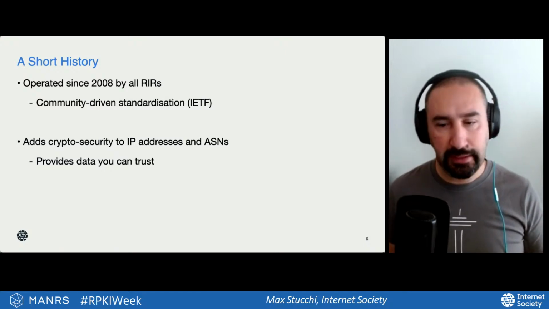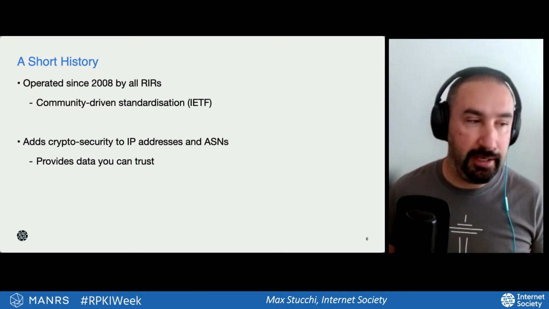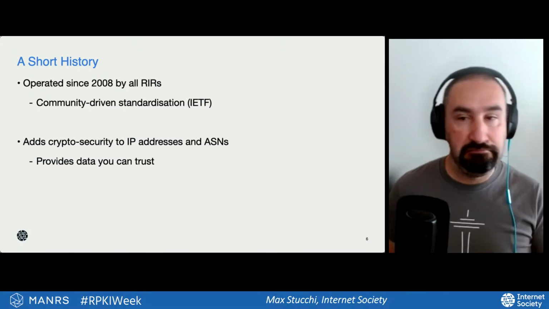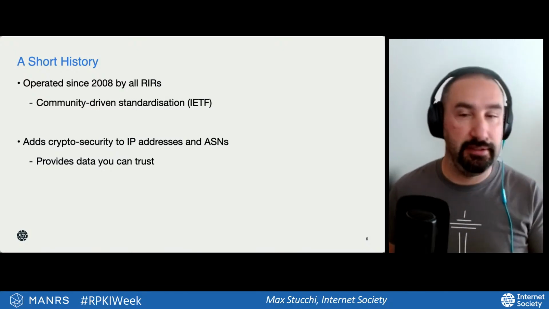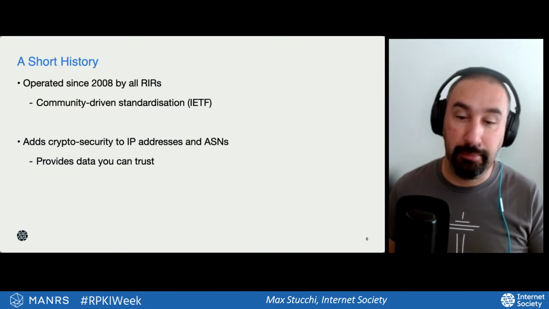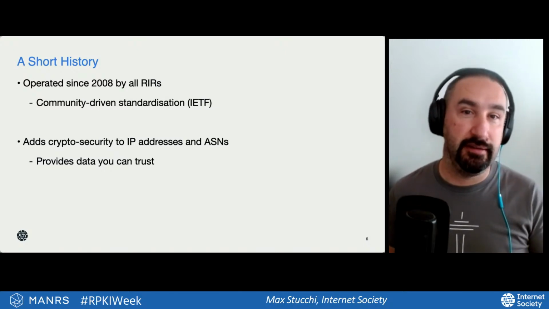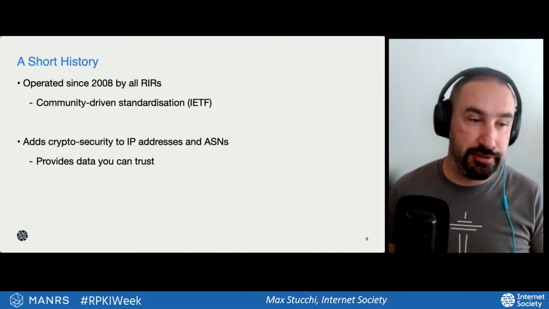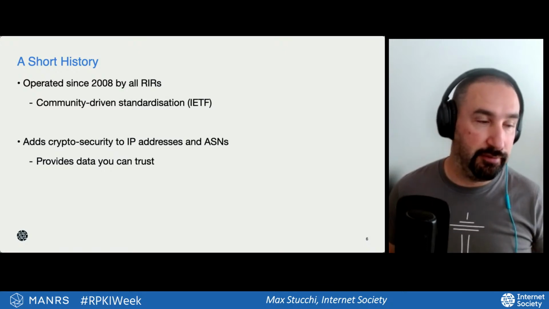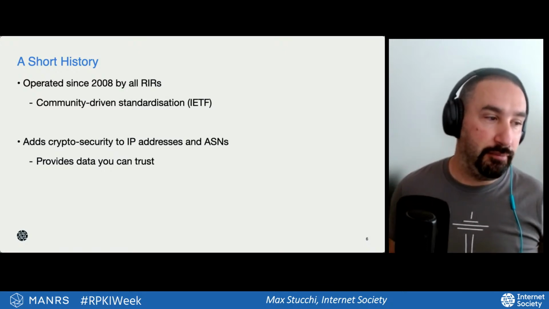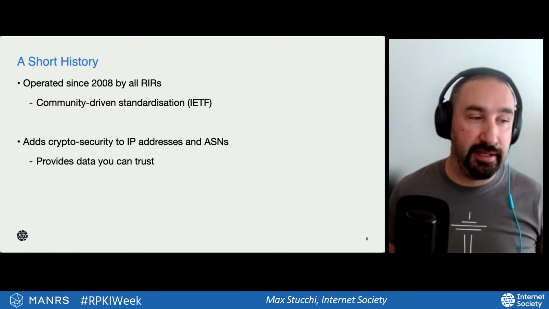So they decided to create RPKI, adding, here we say crypto security, but it's basically adding the capacity of verifying that the data is supposed to be there, that the data is truthful. We added that to IP addresses and ASNs.